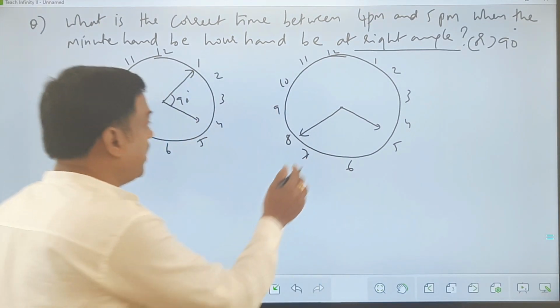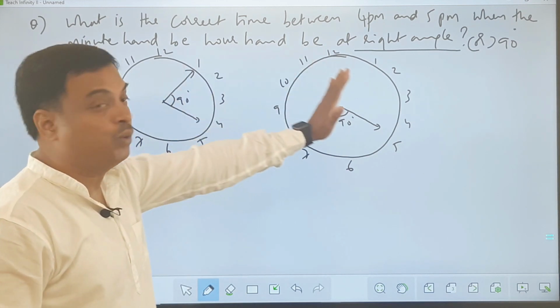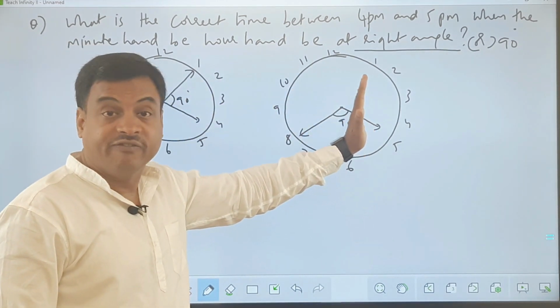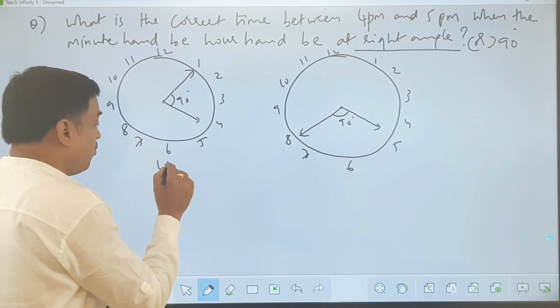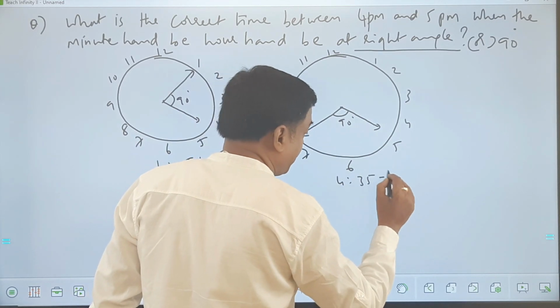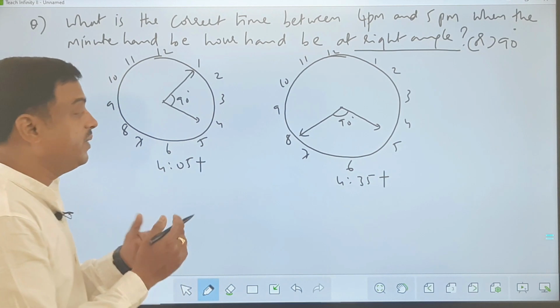Here you find again an angle of 90 degrees. So between 4 and 5 it appears 2 times, approximately at 4:05 and approximately at 4:35. So this I call 4:05 plus, and this I call 4:35 plus. You can check the 35 for 90 degrees of angle between the two hands.